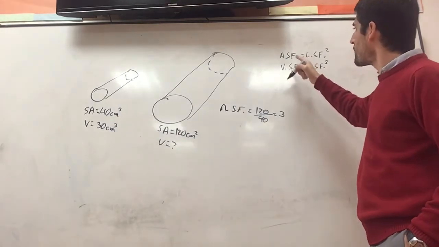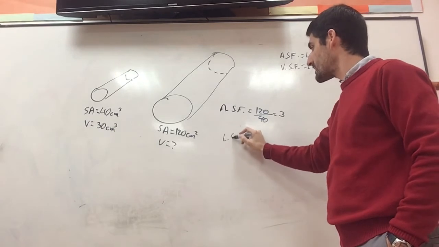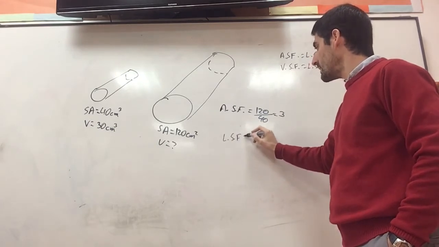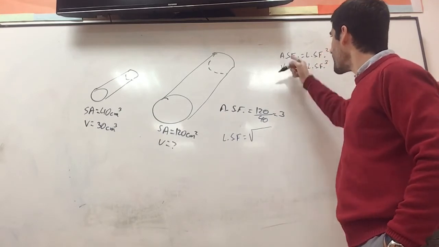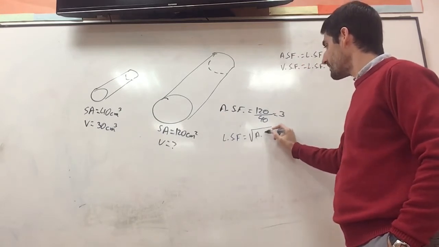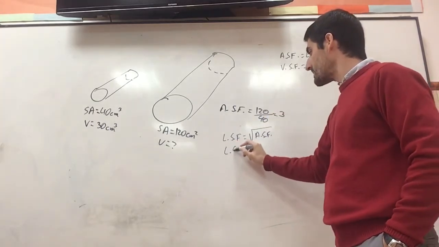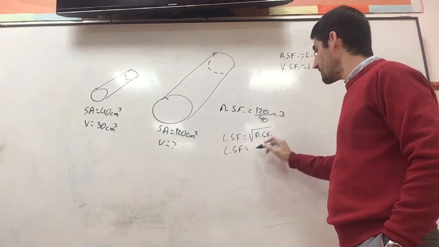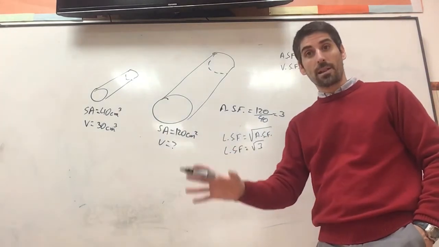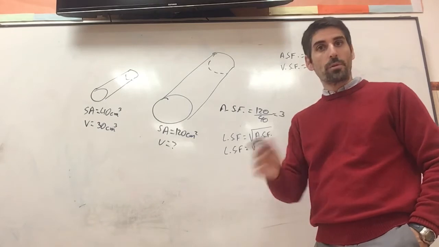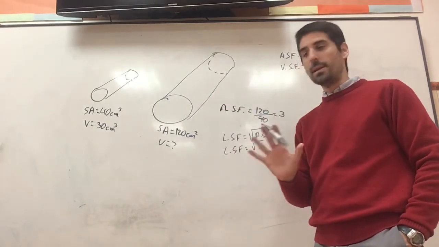So if I know that and I want to find that, the length scale factor is going to be the square root of the area scale factor, because I'm going backwards now. So the length scale factor is going to be the square root of 3. For now, I'm not going to work that out in the calculator. If you do square root of 3, it will give you 1 point infinite decimals. So just for now, leave it.